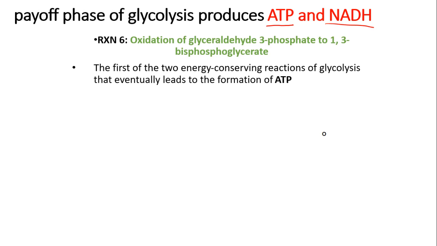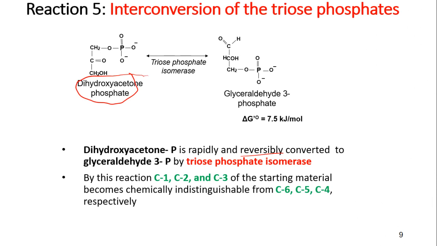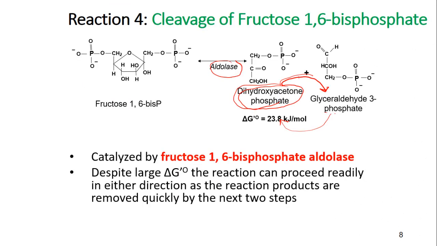Of ATP. Now, we need to understand that during this reaction, one molecule of glucose will produce 2 molecules of glyceraldehyde 3 phosphate. How is this possible? This is possible due to reaction number 5, where this guy was converted to that one. Remember that these two were produced from fructose 1,6 bisphosphate.